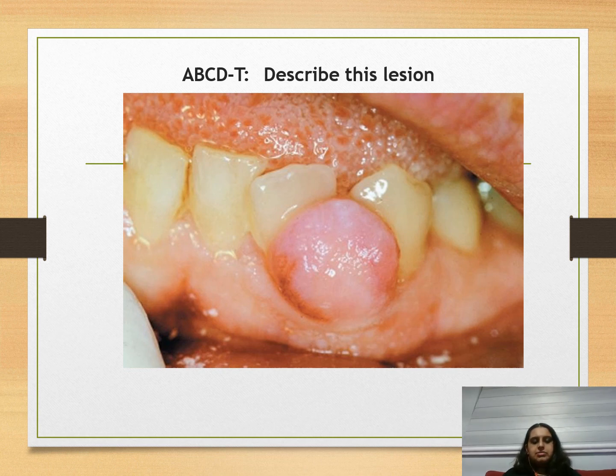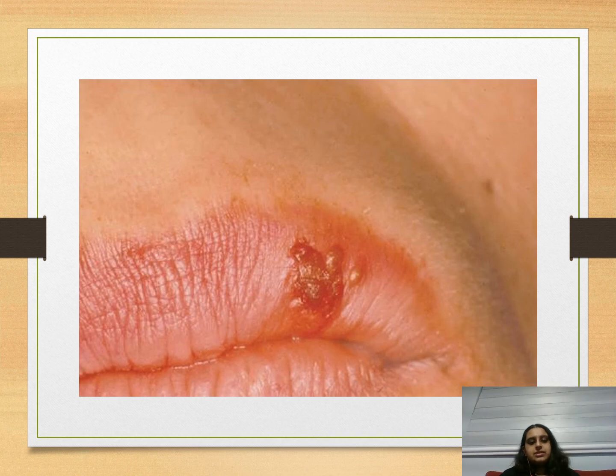Dimensions would be, let me take a quick guess, it's the size of a tooth, so maybe 1 centimeter by 0.5 centimeter. Raised nodule, papule, I can't say for sure, but that's a way to describe it. So there's a couple of practice activities as well, just to go over it.